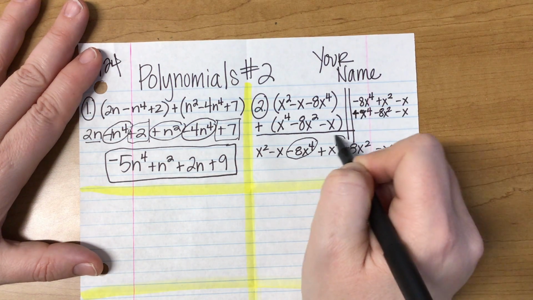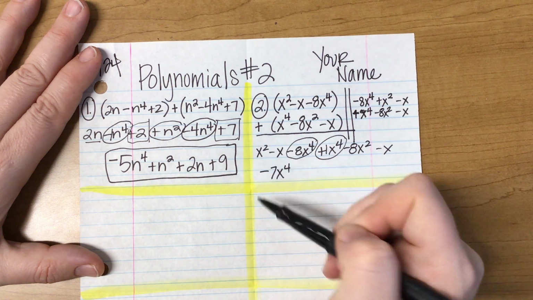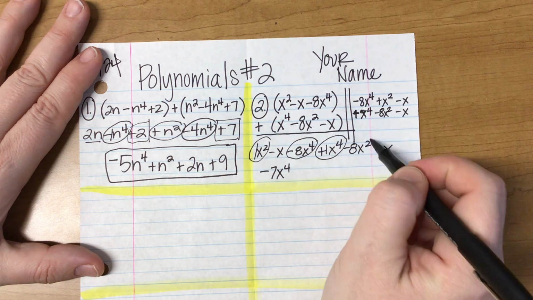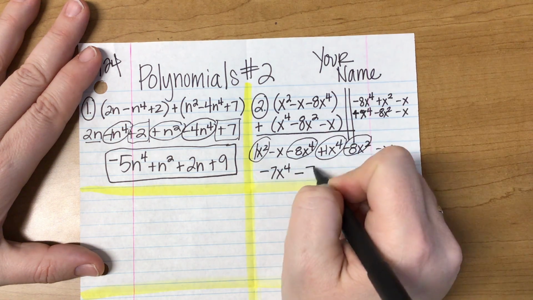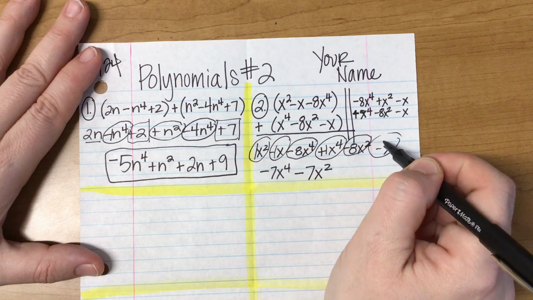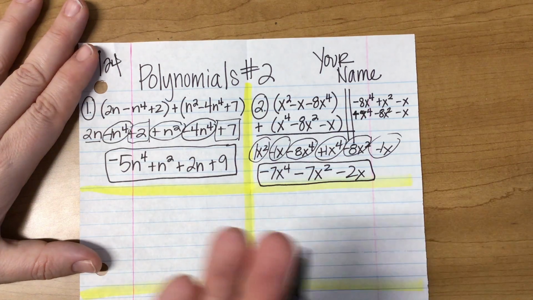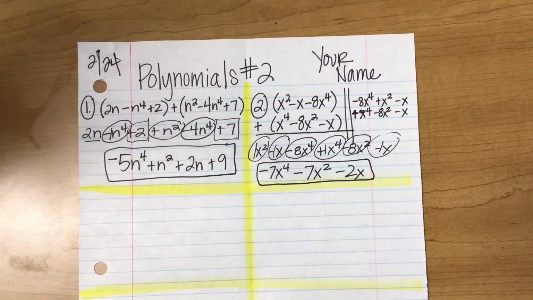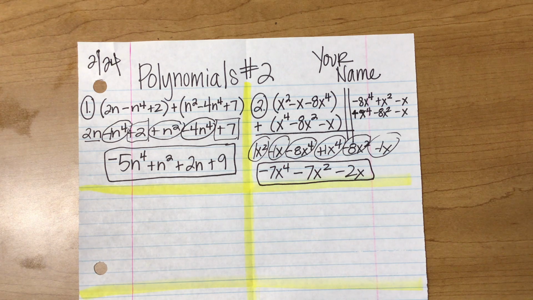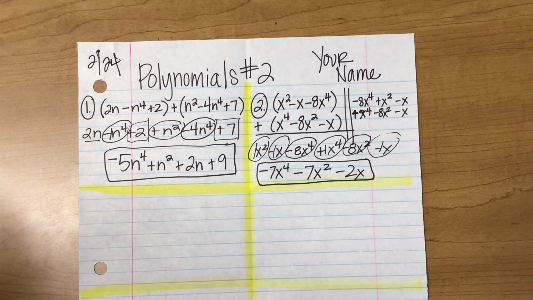Negative 8x to the fourth plus 1x to the fourth is negative 7x to the fourth. 1x squared minus 8x squared is negative 7x squared. And negative 1x minus 1x is negative 2x. It's just combining like terms. Nothing crazy. I'm going to skip this one and go to the next one.